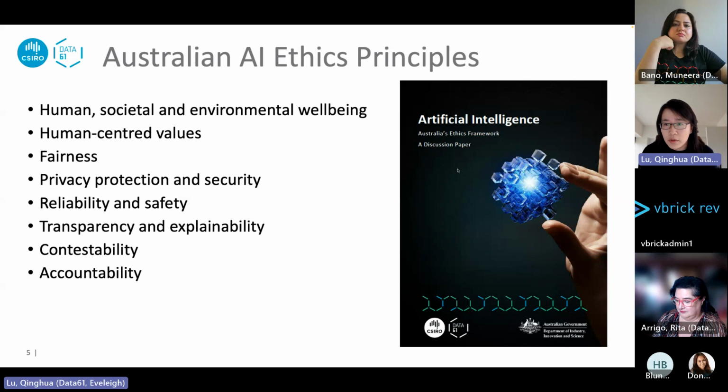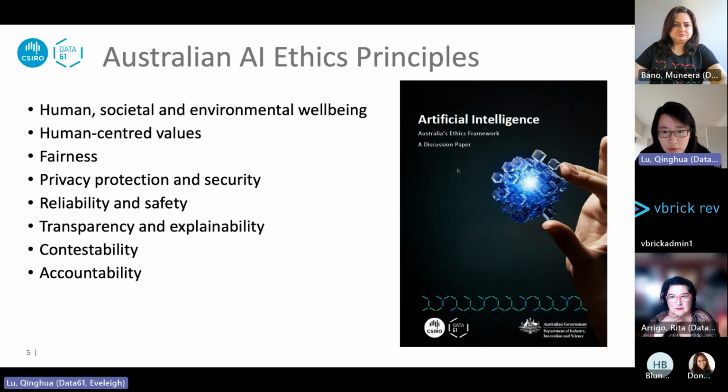To implement responsible AI, many countries have released AI ethics principles, and the Australian government released 8 AI ethics principles in 2018. I think the principles are very useful and helpful to promote responsible AI and also improve awareness of responsible AI basic principles.